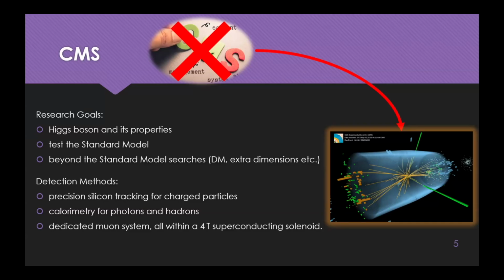So it's an interesting and cool experiment. Its detection methods are precision silicon tracking for charged particles, also calorimetry for photons and hadrons, and a dedicated muon system, all in a 4 tesla superconducting solenoid.